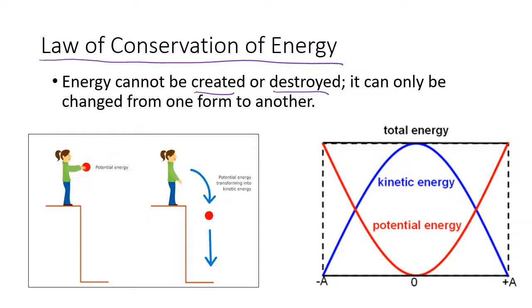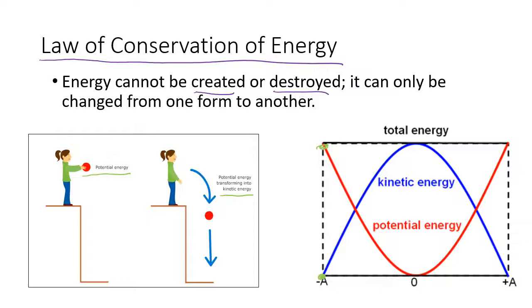For example, on the left, we have a ball that's held up high. Because the ball is held up high, it has some potential energy that's waiting to be released due to its position. But if we throw that ball and drop it, that potential energy will get converted into kinetic energy. So on the far left, we see that we have no kinetic energy and we have a high amount of potential energy. And then the two swap.